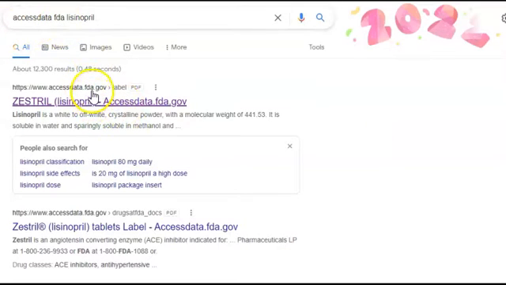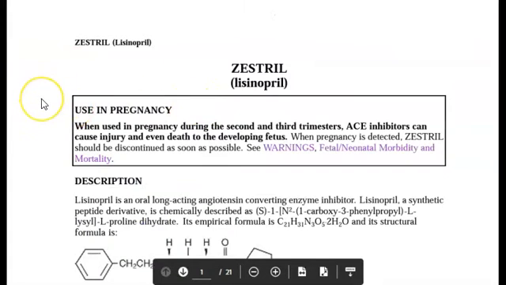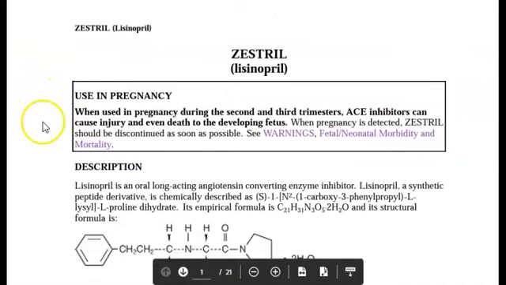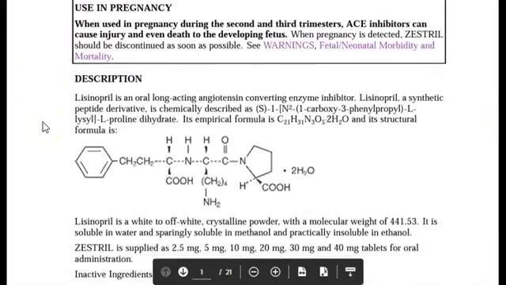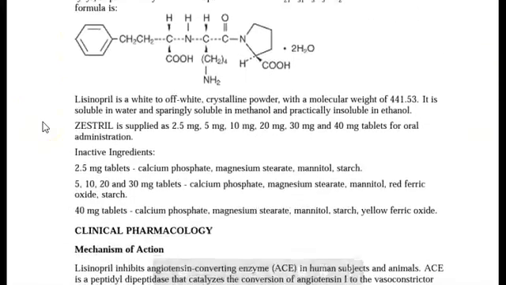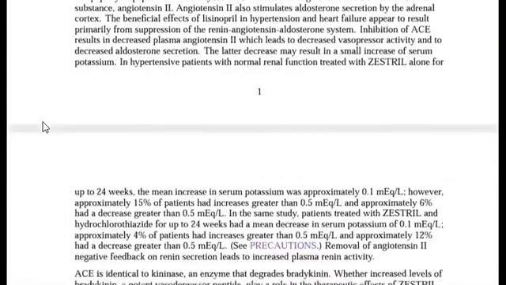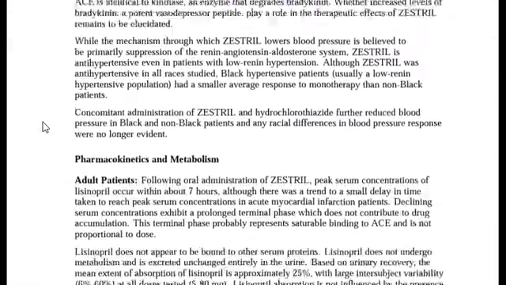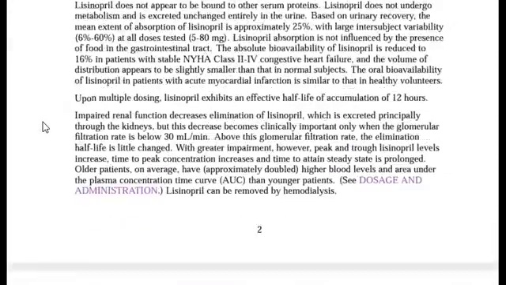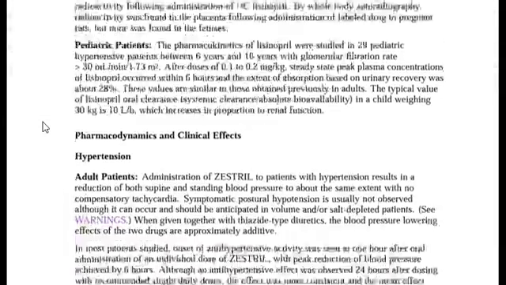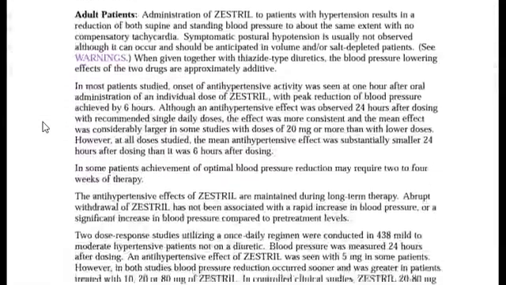So you go to the FDA website and find the one that says Lisinopril. Once we click on the page, it'll take us to a PDF file that has warnings, descriptions, and other information about it. You can read through this information, or you can just find the data and then look at the information as needed.